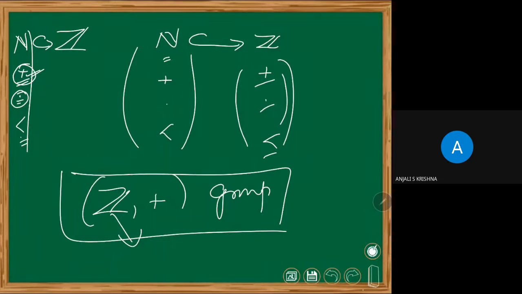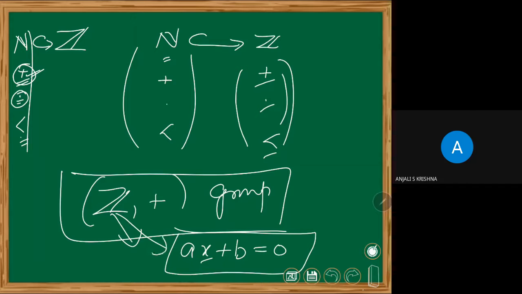So Z as a group, whenever you are looking at the polynomial equation from the algebra side, still with integer coefficients, you will be in trouble. For example, ax plus b equals 0. That is known as a linear equation, am I right? A polynomial. So given a and b from Z, a group structure with all such things, try to solve for x.